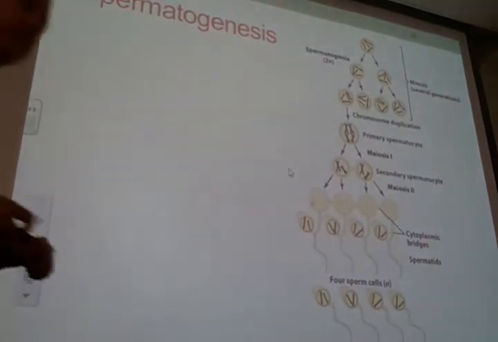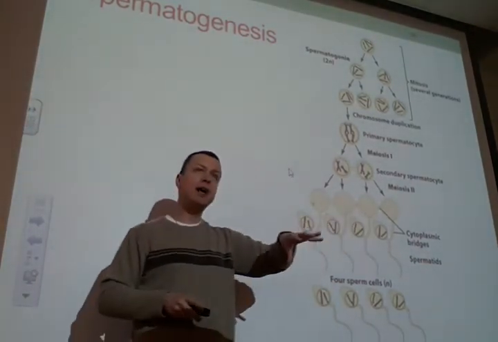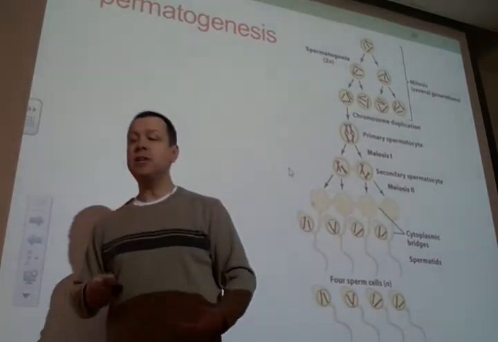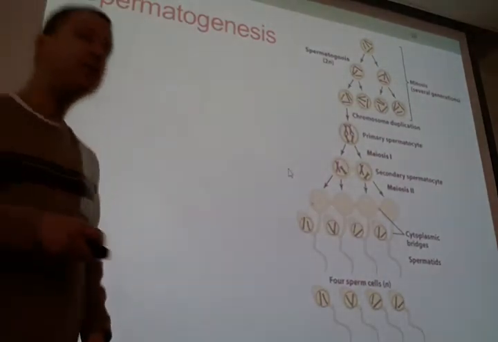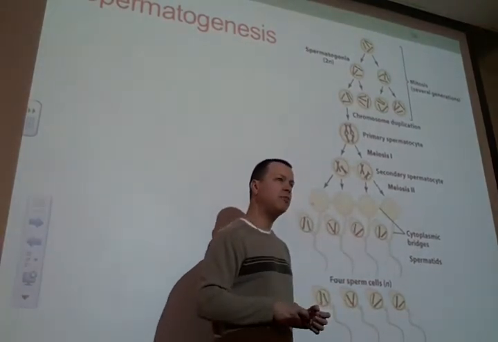And that's probably because, remember, males are XY, so some of these sperm have an X chromosome, some of them will have a Y. And it turns out some of the genes that are necessary for sperm to develop are on the X chromosome.